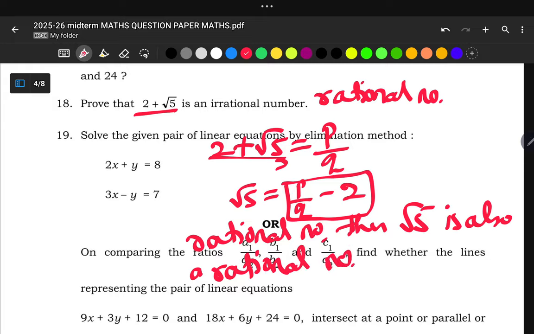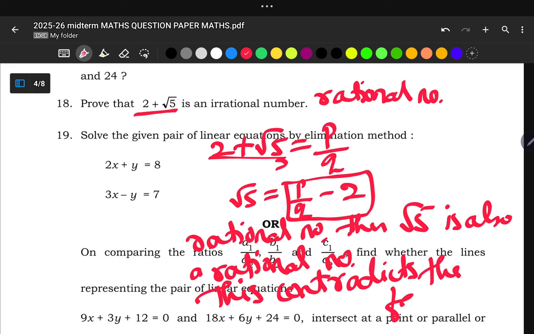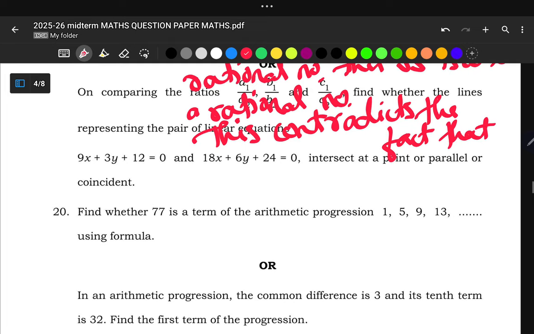Yes, this contradicts the fact. So what is the fact? The fact is that root 5 is an irrational number.